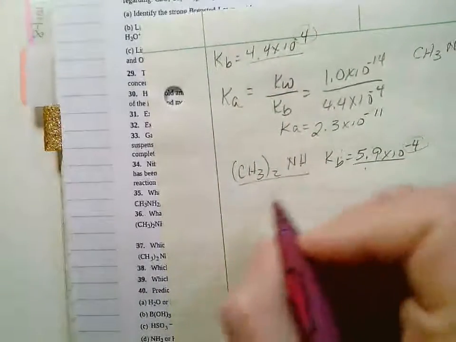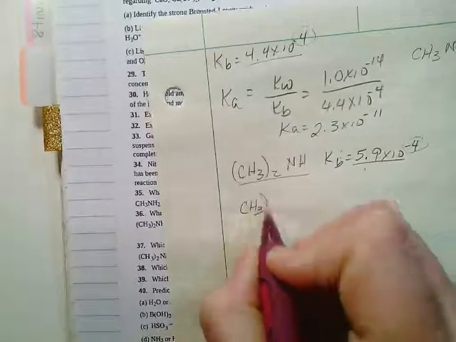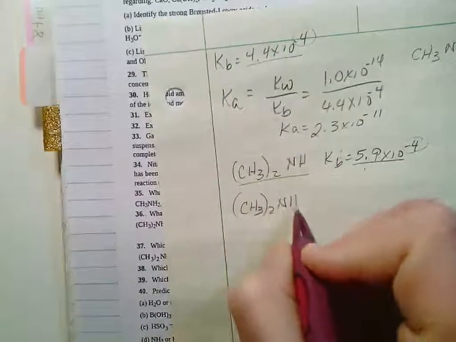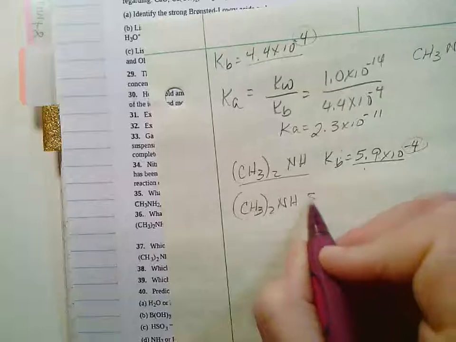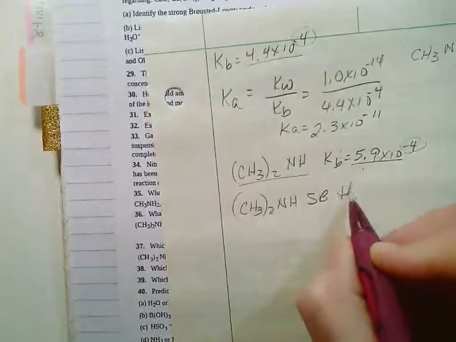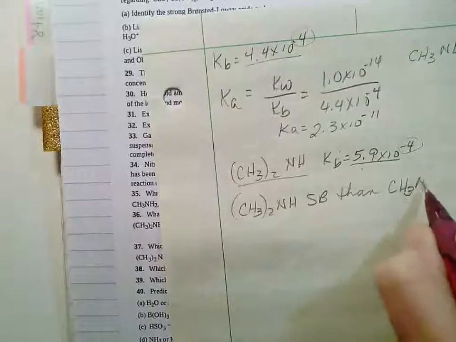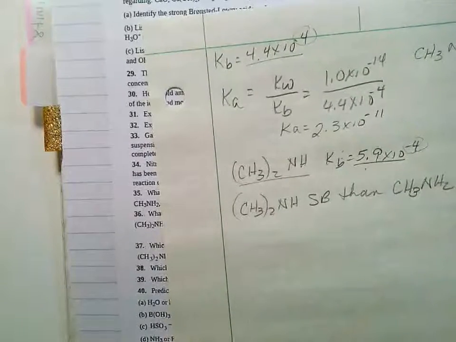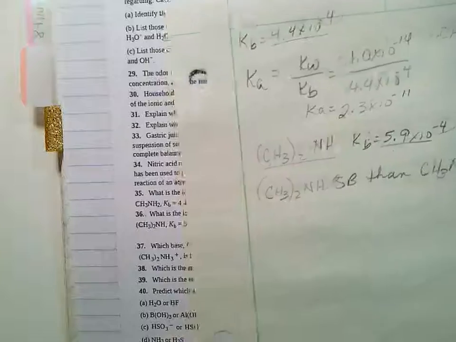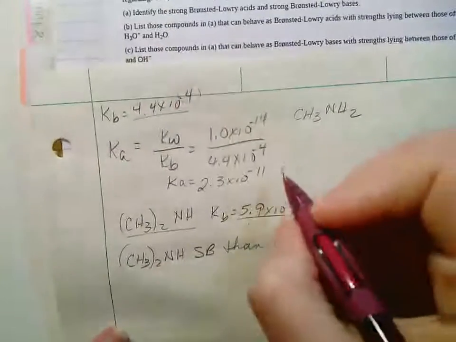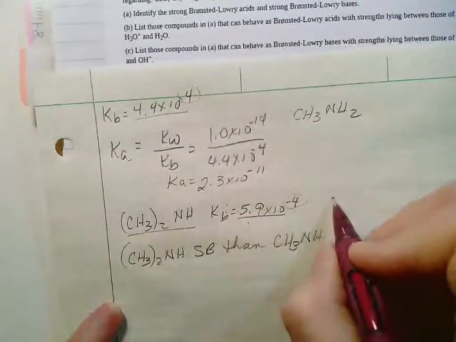So this base, (CH3)2NH, is a stronger base than CH3NH2. Okay, now let's calculate what the Ka for this one is going to be.